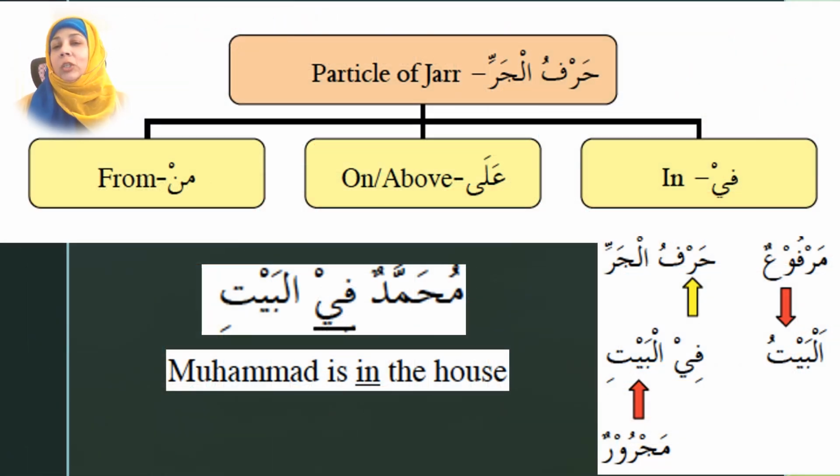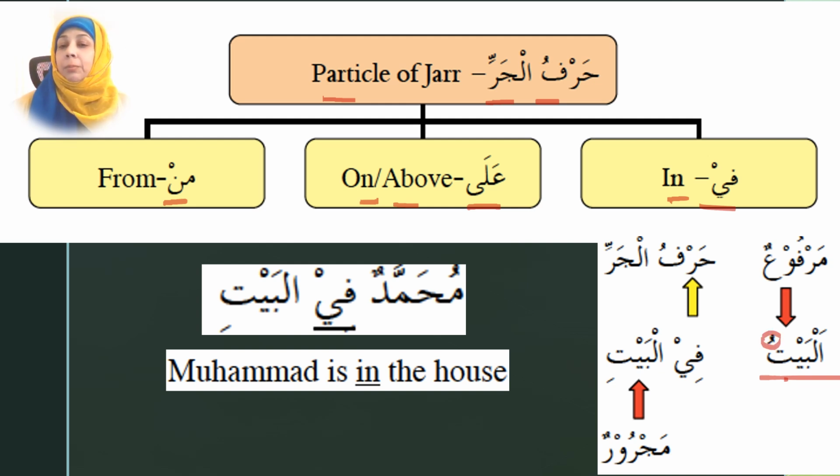We're continuing to look at prepositions, and we said in Arabic it is called harful jar, particle of jar. And I said that min is an example of a preposition. It means from. Ala is a preposition to mean on or above. And we looked at an example with fi, which means in. So we looked at al-baytu in the marfu'un case with a dhamma ending.